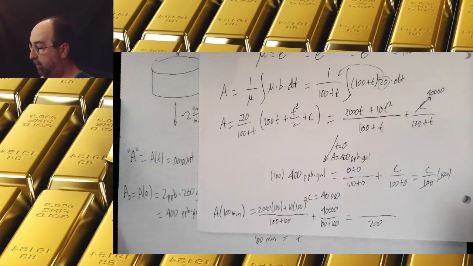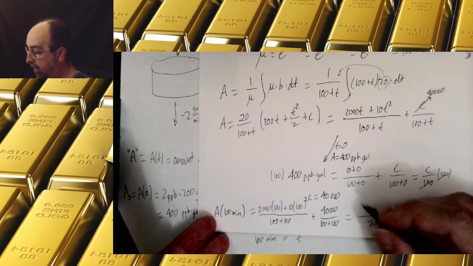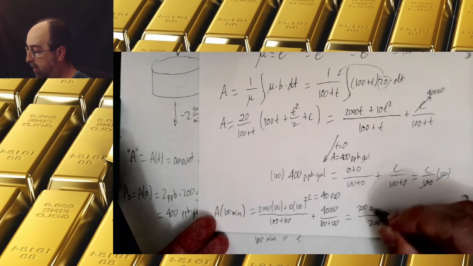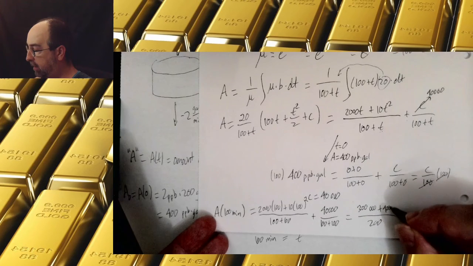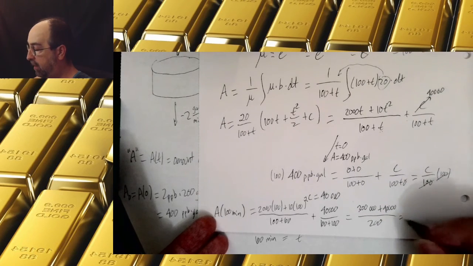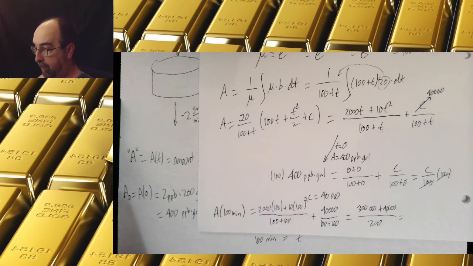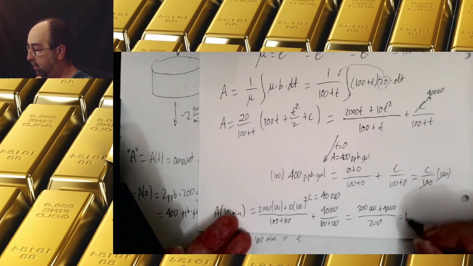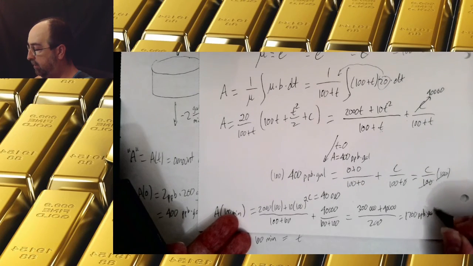I get 300,000 plus 40,000. So we get 340,000 divided by 200. We get 1,700 parts per billion gallons.